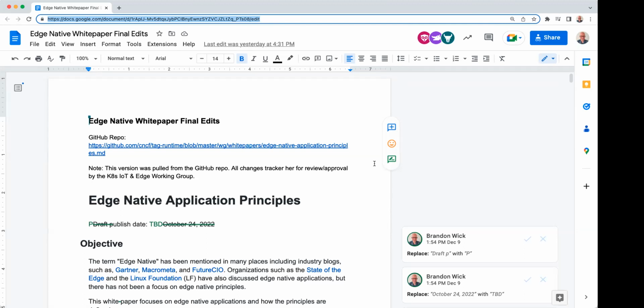And the marketing committee can help us turn this into a more shareable format, a design PDF with CNCF branding. An example of something like that would be the Cloud Native Security white paper they produced a couple years ago.